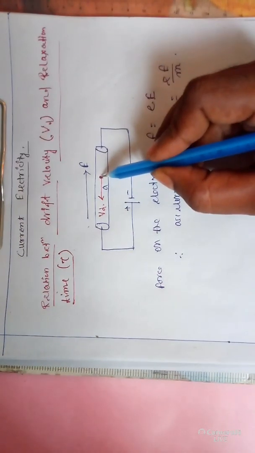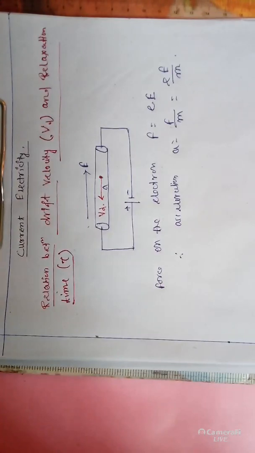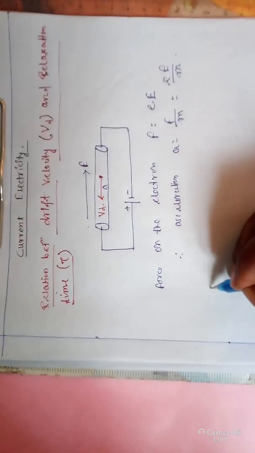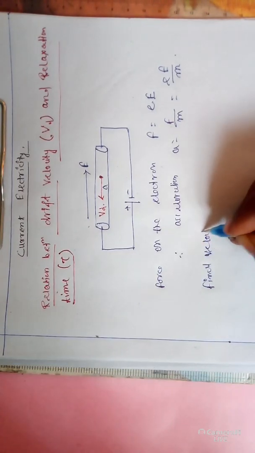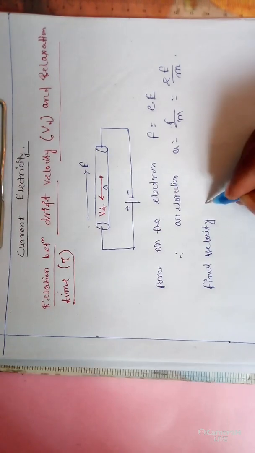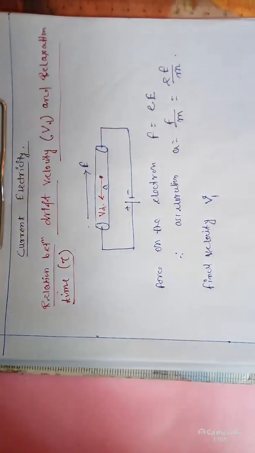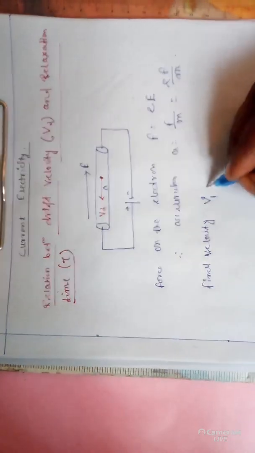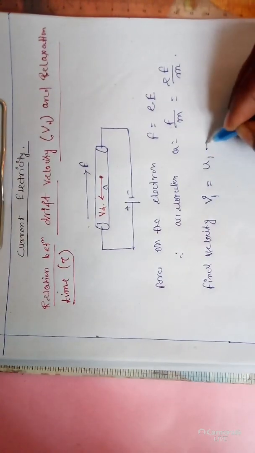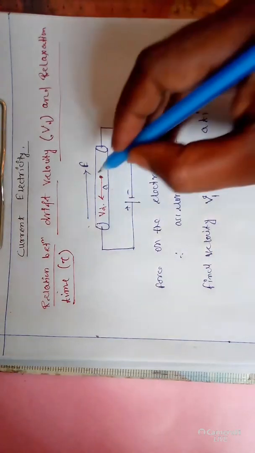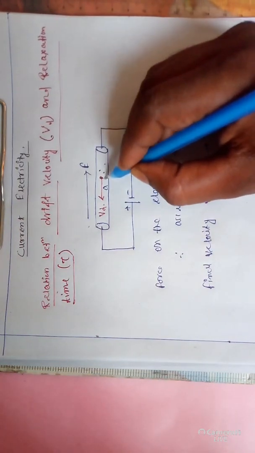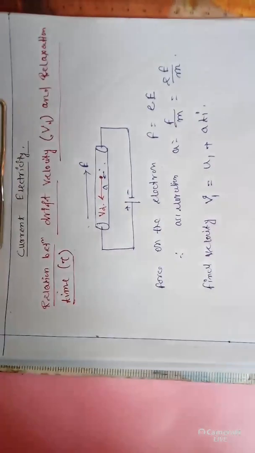Now if we consider a single electron, what will be the final velocity of this electron in this electric field? Taking the first electron, v is equal to u plus at, so v1 is equal to u1 plus a t1. Similarly, if we consider another electron inside this conductor, v2, v3, v4, then we will get a similar value.